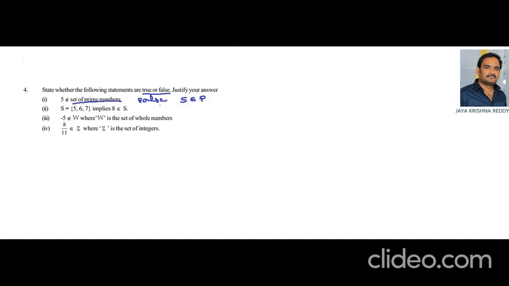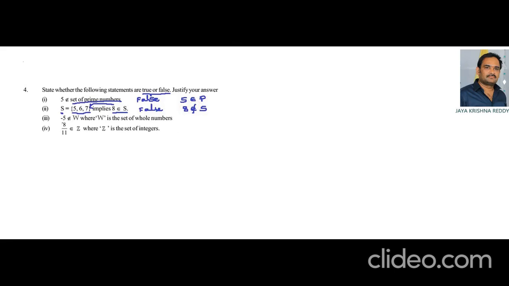That's why the statement is false. Second one, set S with elements 5, 6, 7 implies 8 belongs to S. It is given that 8 belongs to S, but actually element 8 does not exist in the set S. So this statement is also false because actually 8 does not belong to set S.